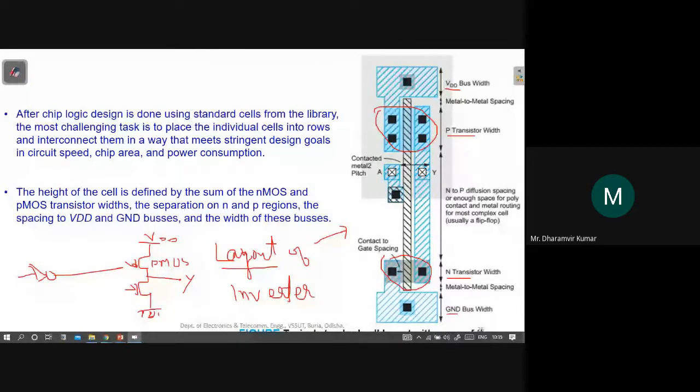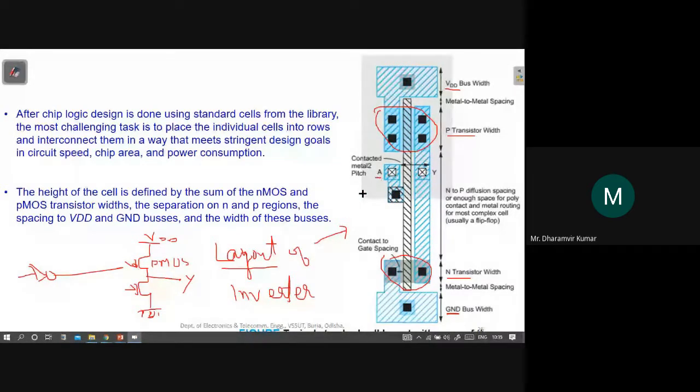Okay, now they should be connected by metal layers and polysilicon layer. Okay, and the input is given to the common gate of PMOS and NMOS. So this black slanted lines layer is actually the gate of this PMOS and gate of NMOS, which is connected and made common, and it is used for feeding the input signal.